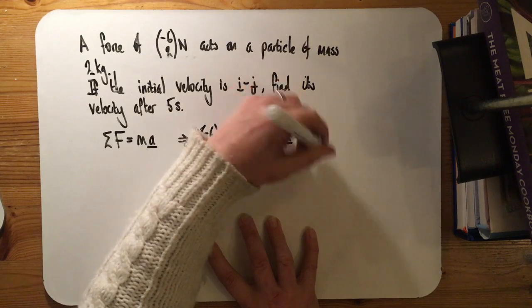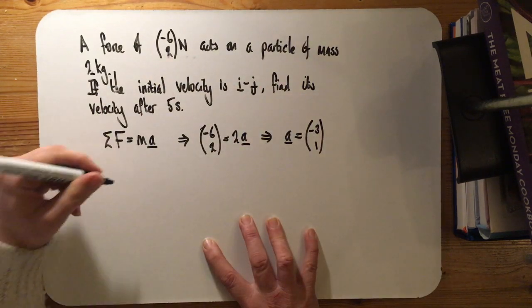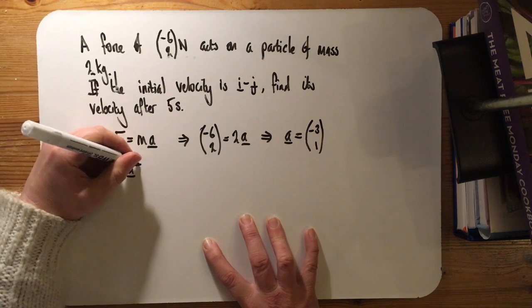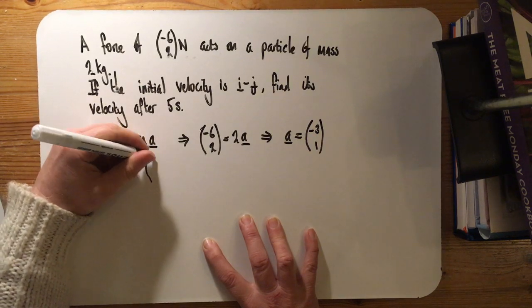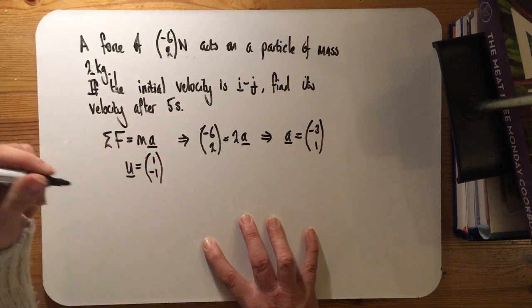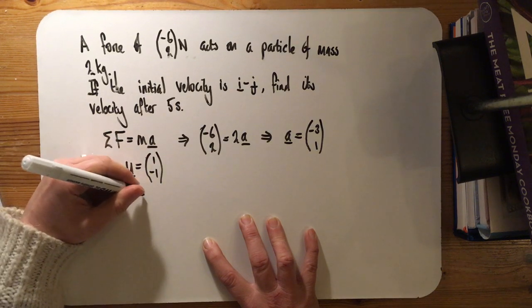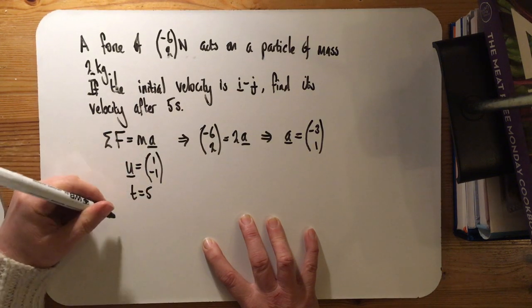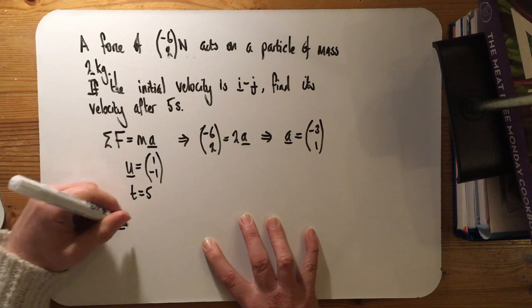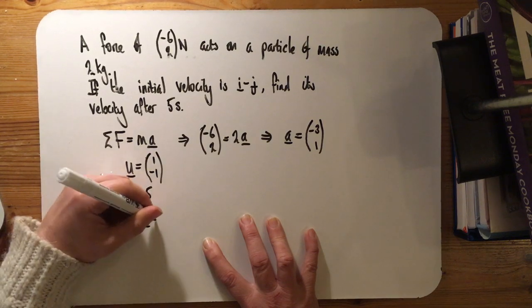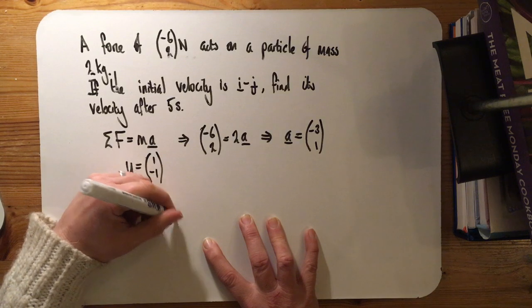So constant acceleration, so we can use SUVAT. Initial velocity is equal to (1, -1), and t is equal to 5. So to find velocity after 5 seconds, v is equal to u + at.